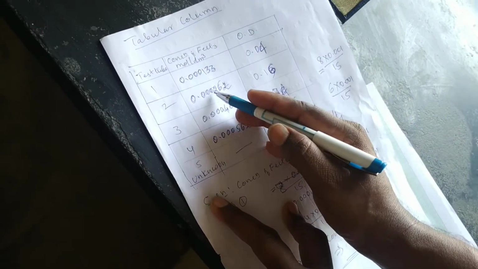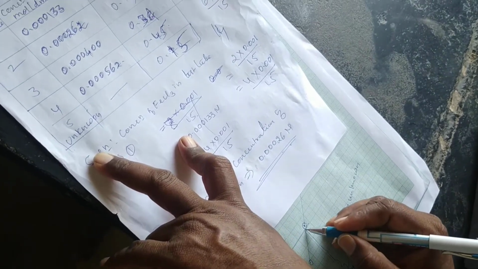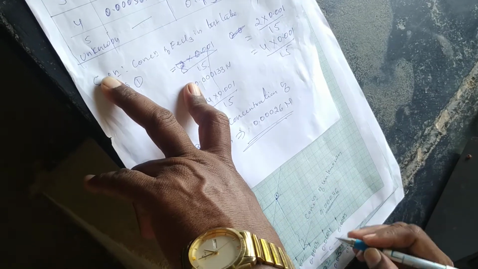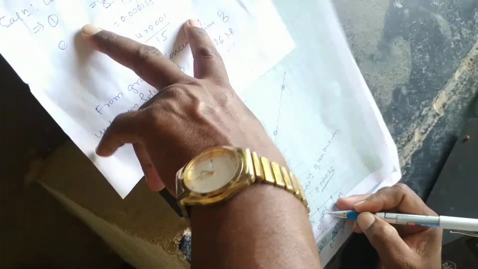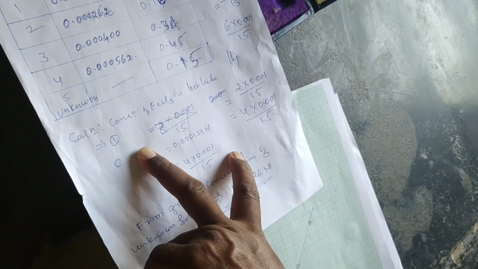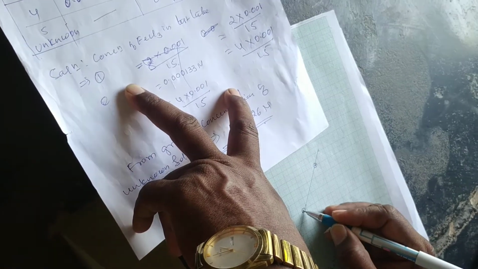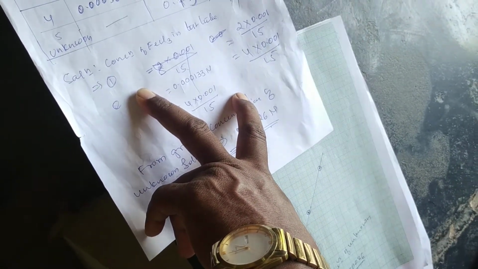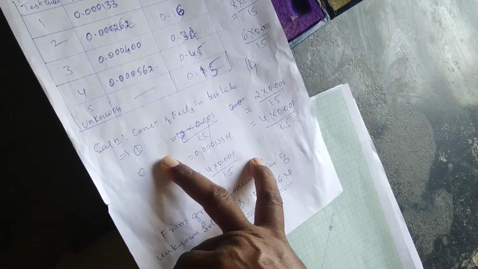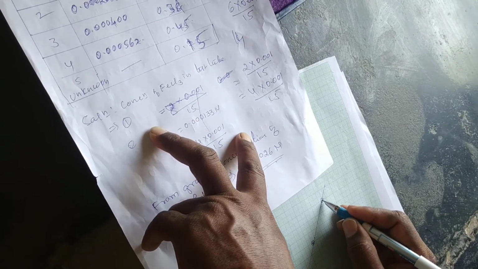Similarly, for second test tube, 0.0062, optical density is 0.16. For third test tube, concentration is 0.004, and optical density is 0.34. For fourth test tube, concentration is 0.562 and optical density is 0.45.